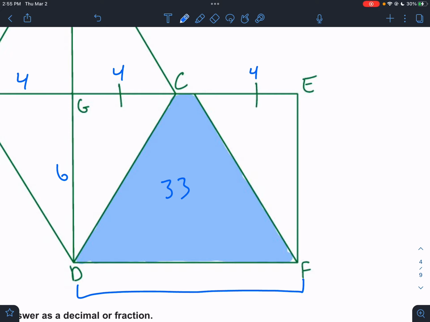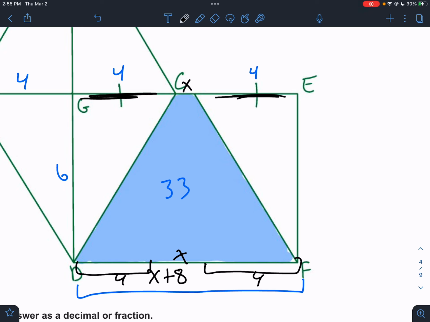So we need to think about the bases. What I would actually do here is call this base x. That would make this base 8 plus x because we have 4 and 4 and x. From here would be 4, from here would be 4, and then we said that middle space is x. So the entire bottom in this case would be 8 plus x.